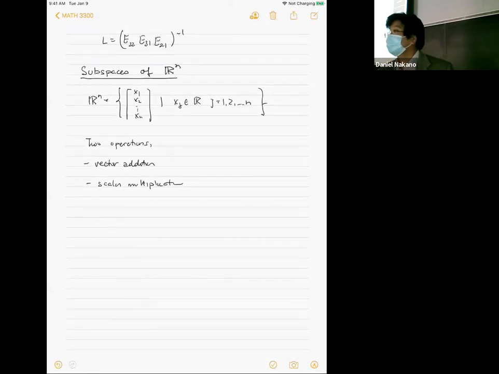Now, whenever you have a sub-object in mathematics, it could be a subgroup or subspace or sub-whatever, you want to have a subset of Rn, so a subset of the set. And then you want to make sure that it's closed under the operations. So that's the natural definition for subspace.